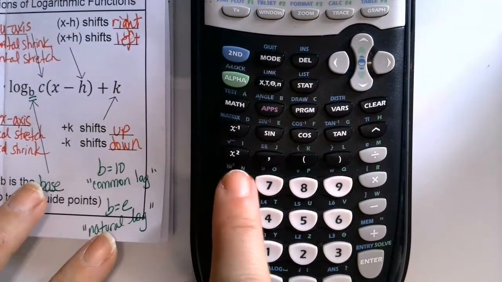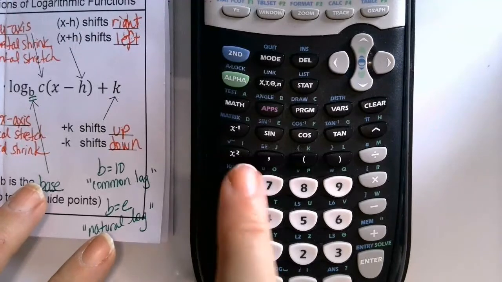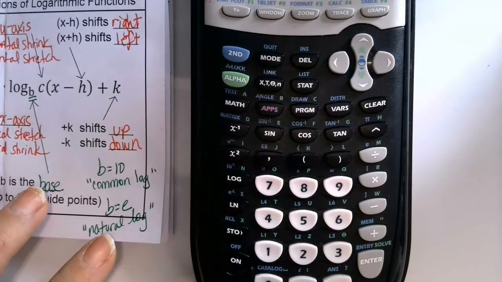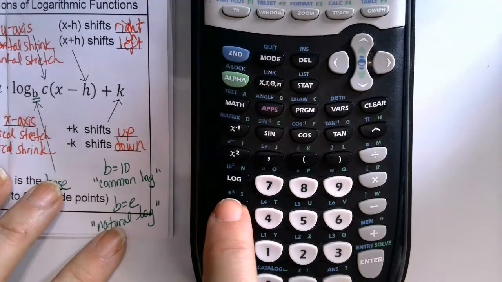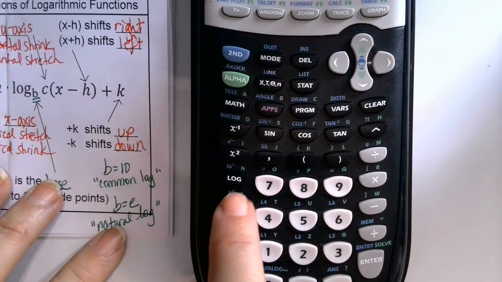That button is only used for common log, which is base 10. The one under it that says ln stands for natural log, and that's a logarithm of base e. You can remember that if you look right above it in the blue paint, it says e to the x. The natural log is the inverse of e to the x.